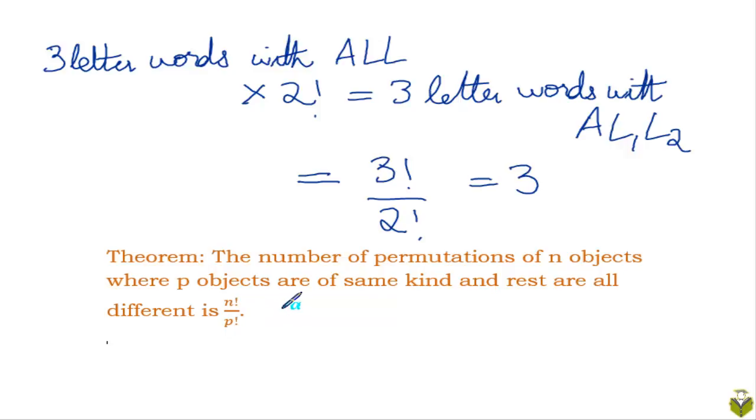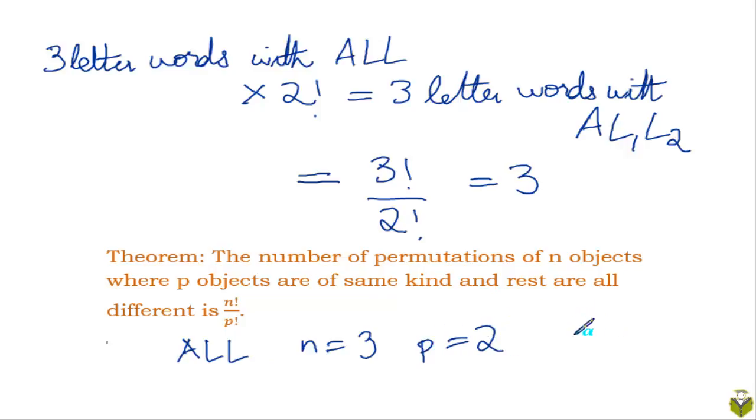So we won't prove this theorem, but like in the case of ALL, n is equal to 3, right? Because you have 3 objects and p objects are of the same kind. L is repeated 2 times. So here p is equal to 2.